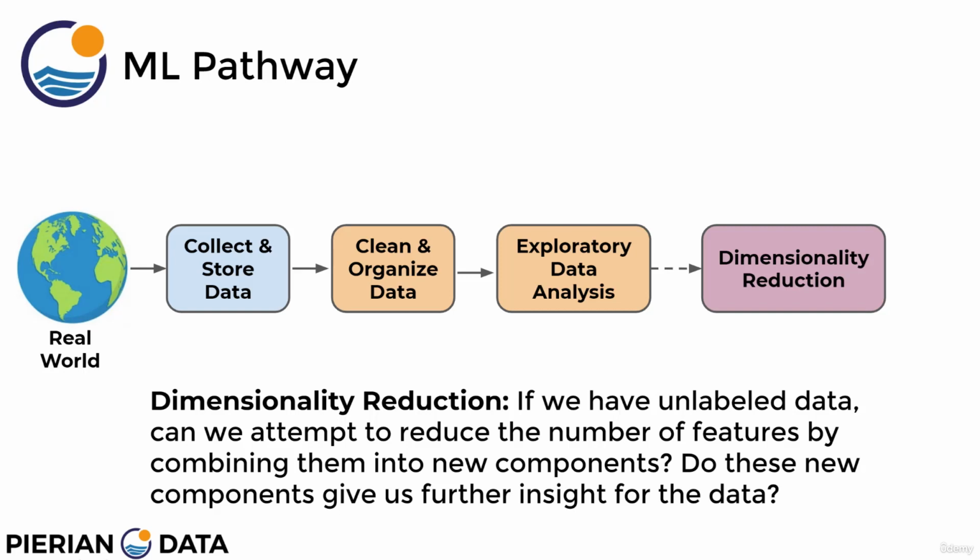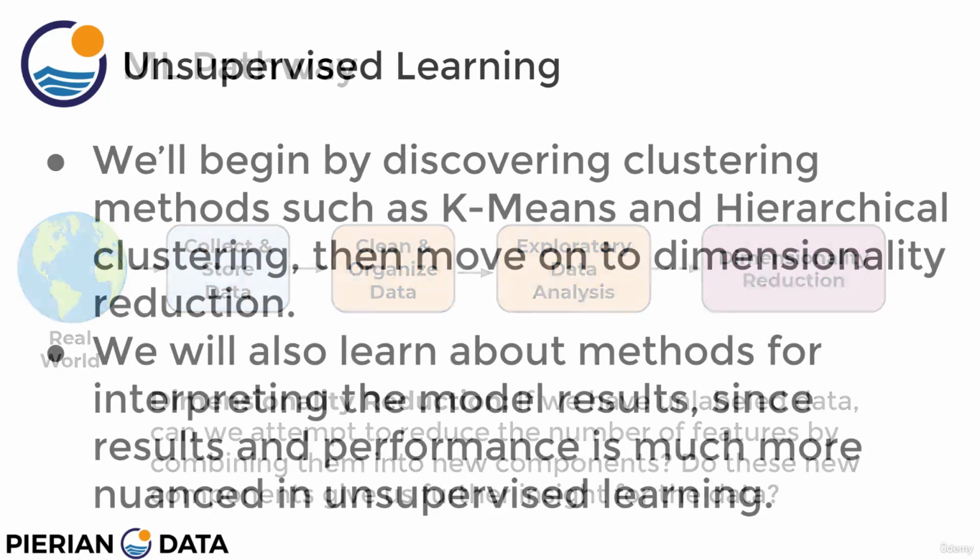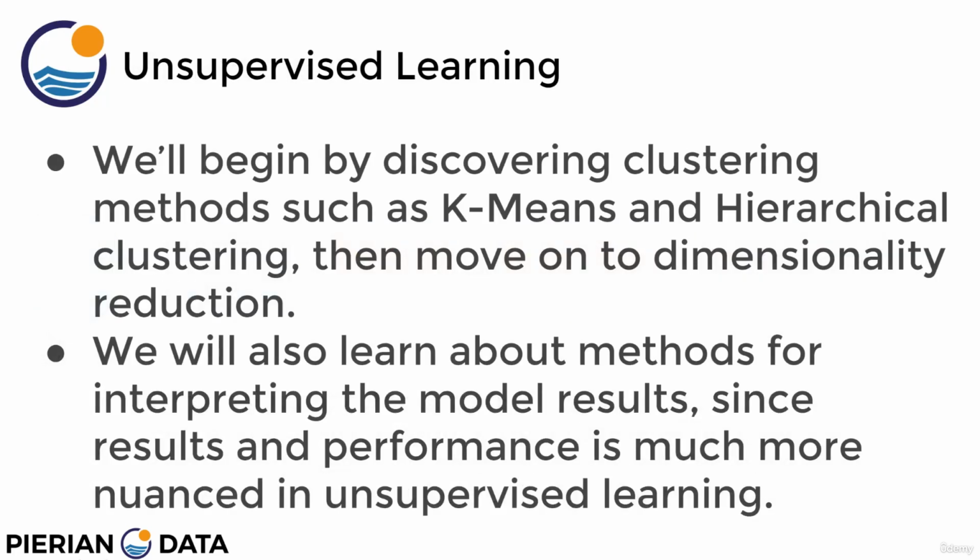And we'll be learning about things like principal component analysis in order to perform dimensionality reduction. So we will start off, however, with clustering methods such as k-means clustering and hierarchical clustering, and then move on to dimensionality reduction. And keep in mind, we will actually learn about methods for interpreting the model results, but results and performance is much more nuanced in unsupervised learning.